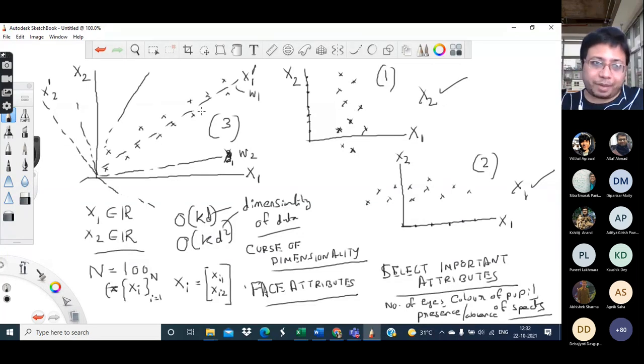Now, based on this notion of being nearly constant or not, can you give some other justification for choosing W1 over W2? Dimensionality will be reduced. Dimensionality is anyway reduced. Whether you are going for W1 or W2, dimensionality will always be reduced from 2 to 1. What else?